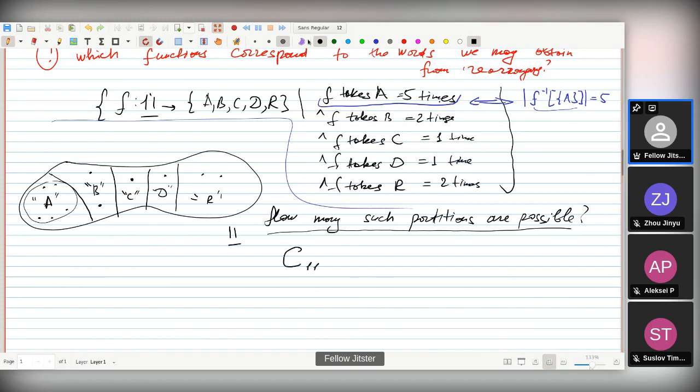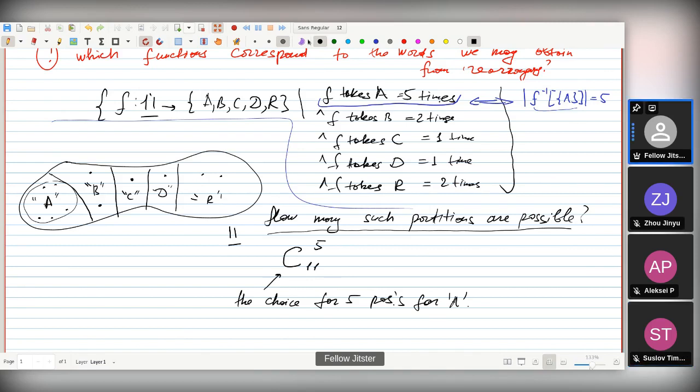It is a choice of 5 positions for A. Isn't that clear? Yes.